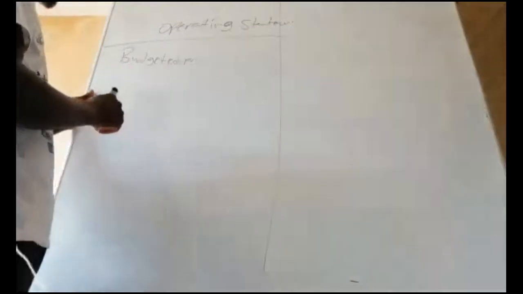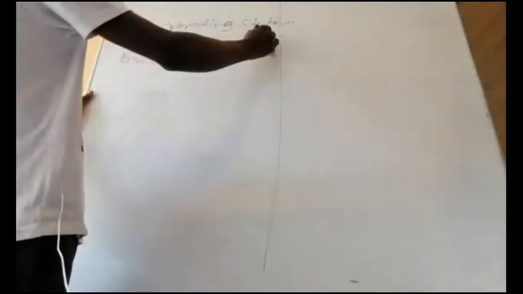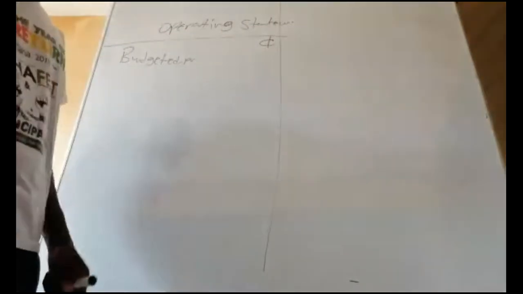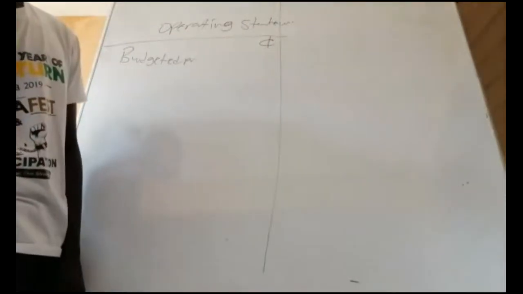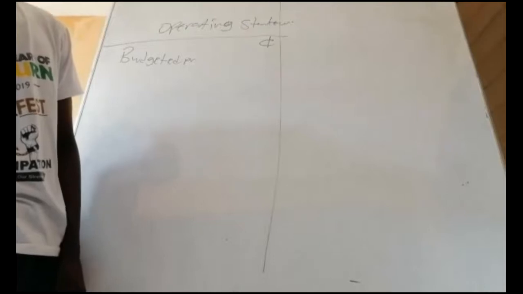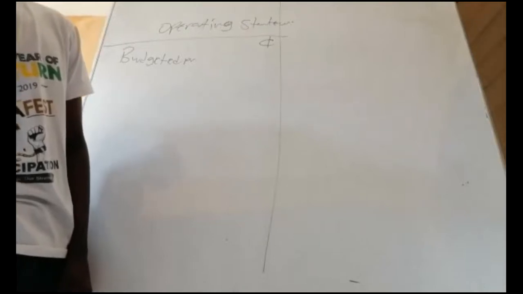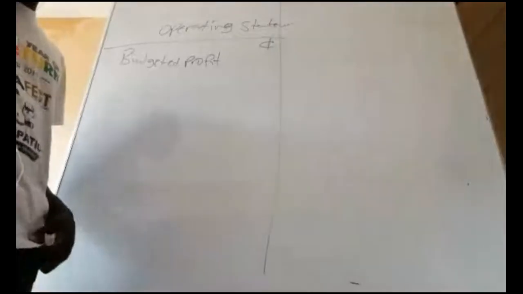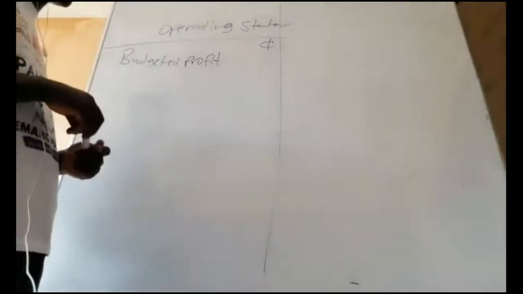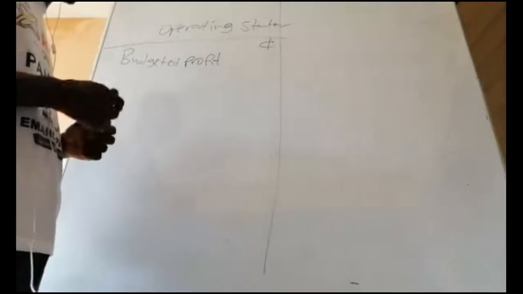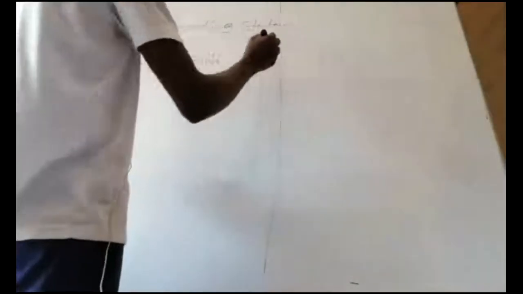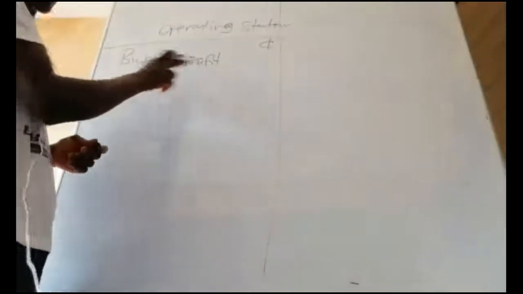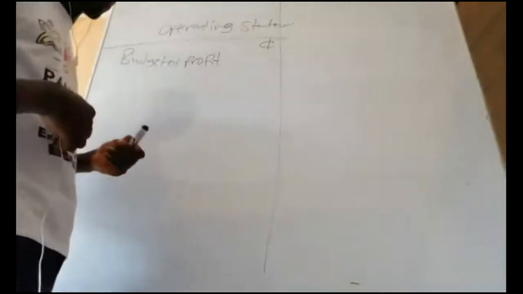There are three currencies, so we normally put it at the last. So what you do is this: budgeted profit, you have to calculate it because it's not in the question. Pick all the budgets. So workings number one, first workings, budgeted profits. I'll do that one here. Good.